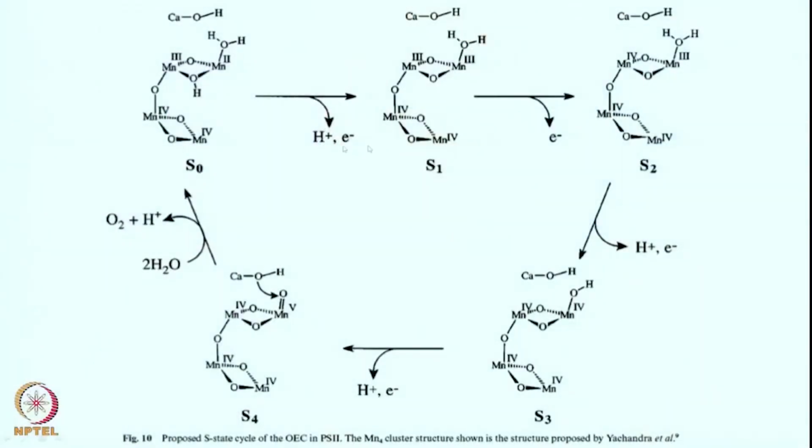As I said, this core remained completely constant throughout the catalytic cycle. Only this is the center which is getting oxidized. Manganese 2, manganese 3 we have started with, in the final oxidized form it is becoming manganese 4, manganese 5 oxo, right.